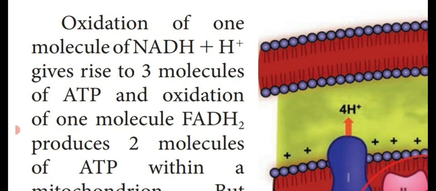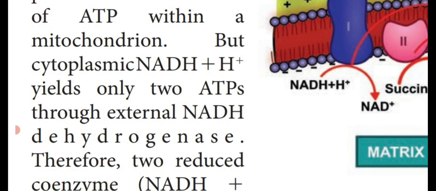This is an important 1 mark question. So the oxidation of the coenzyme NADH2 produces 3 ATP molecules. Likewise, the oxidation of FADH2 produces 2 molecules of ATP within the mitochondrion.